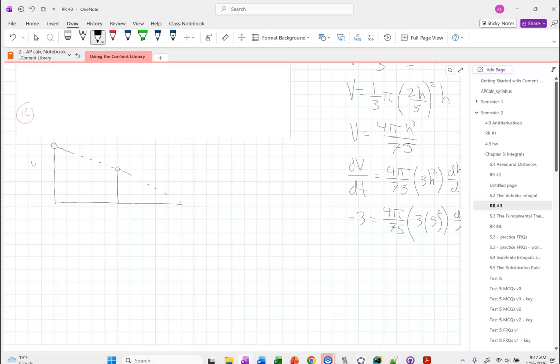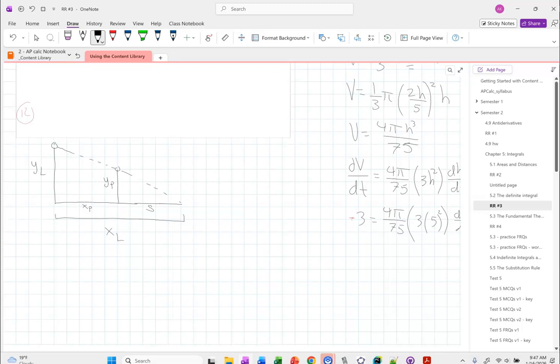So this is y of the light, this is y of the person. Call that x for the light. This would be x for the person, and call that s for the shadow. Right? When the light's behind you, the shadow cast is in front of you.